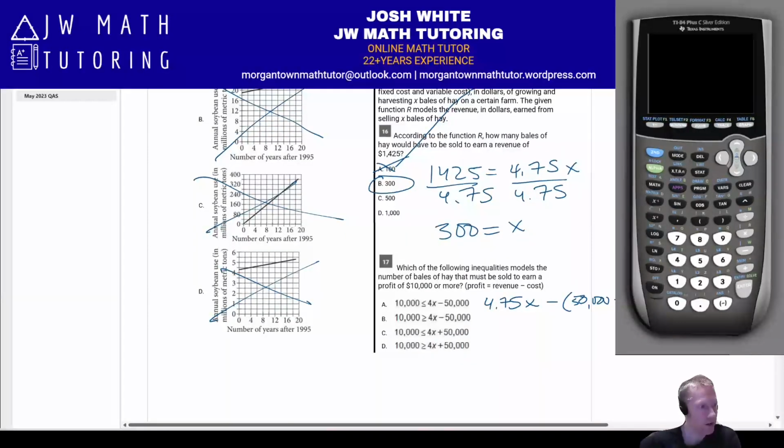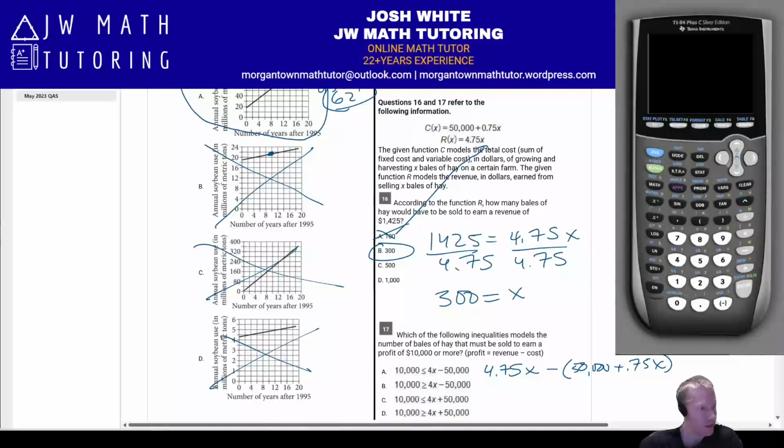So that entire expression, keep it there so we can see it, is equal to the profit, and we want the profit to be $10,000 or more. That means we want the profit to be greater than or equal to $10,000.